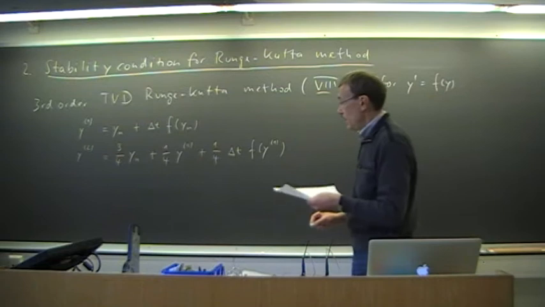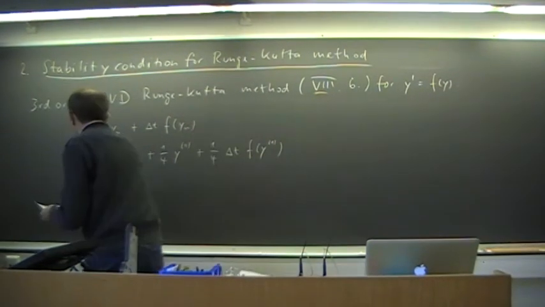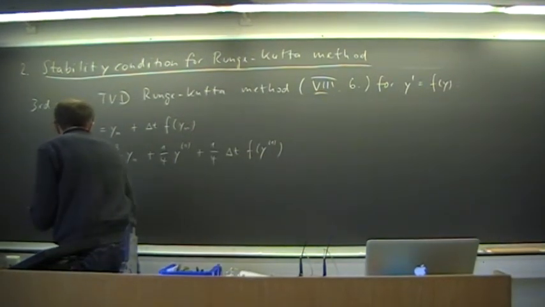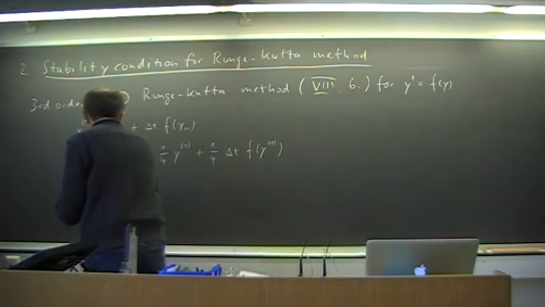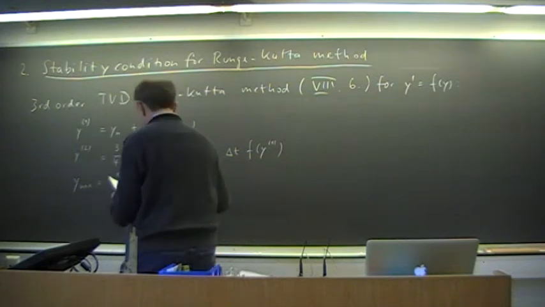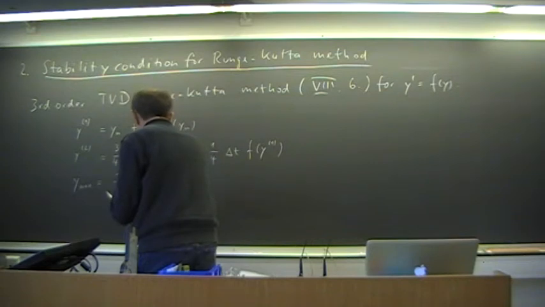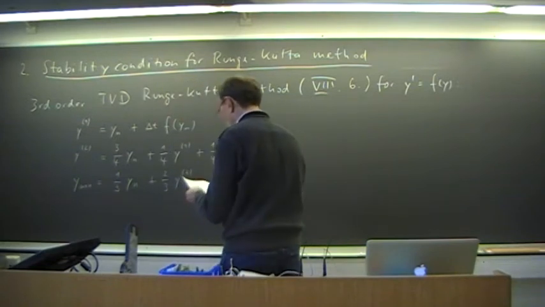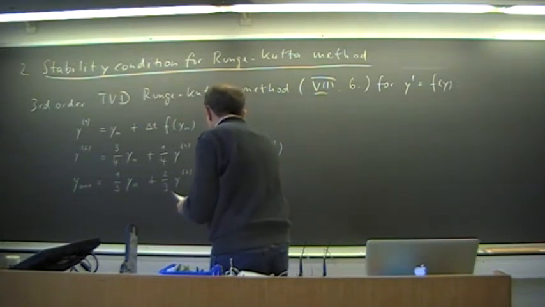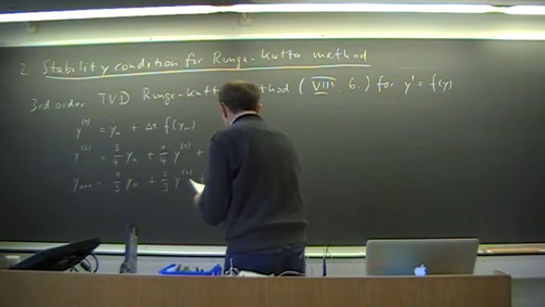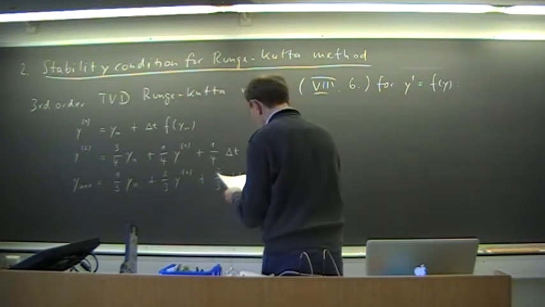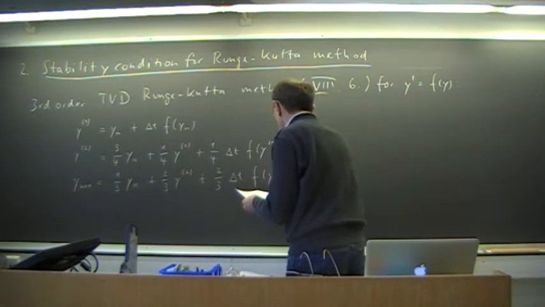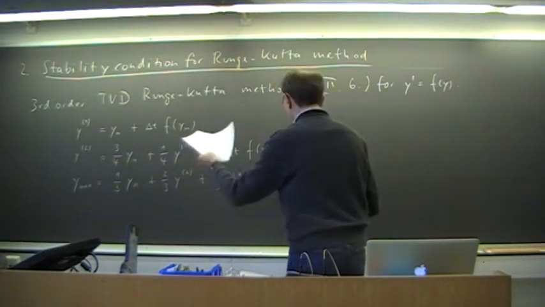And then we get the solution at the next time level by taking 1/3 of the approximation at the old time level plus 2/3 of the second stage value plus 2/3 times the delta t times the ODE right hand side evaluated with the second stage value y2.